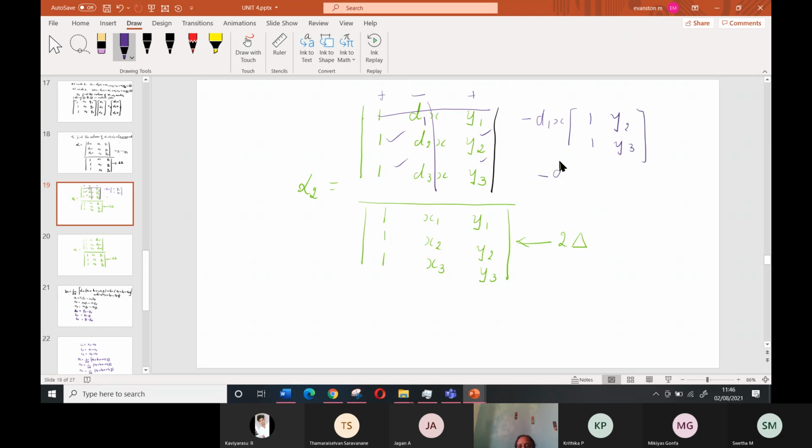So that is minus d1x into y3 minus y2. Am I correct? First you multiply this one and then you go to this one. When you take this minus sign inside, you will get d1x equal to y2 minus y3. Have you got this one? y2 minus y3. Did you understand?